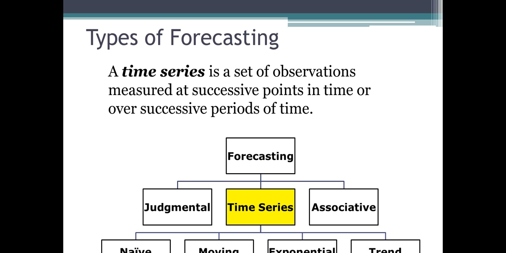So basically you're trying to forecast a variable that moves around a level, an average value, and you will look at your past history and come up with a forecast for next time by paying attention, unlike moving averages, in which case you would be looking at just the past 3, past 4, past 5.